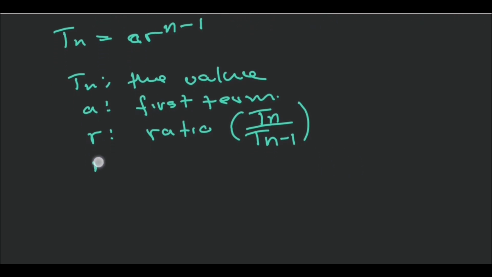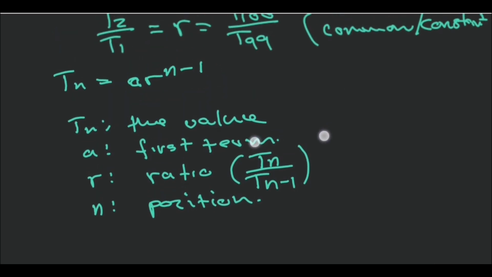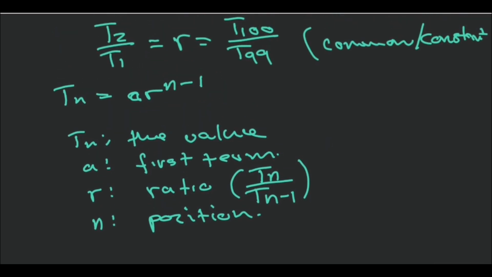And n is also still the position of the term in the sequence. So basically the only thing that changes here is that we change from having a common or constant difference to having a common or constant ratio. That's the main idea with the geometric sequence.